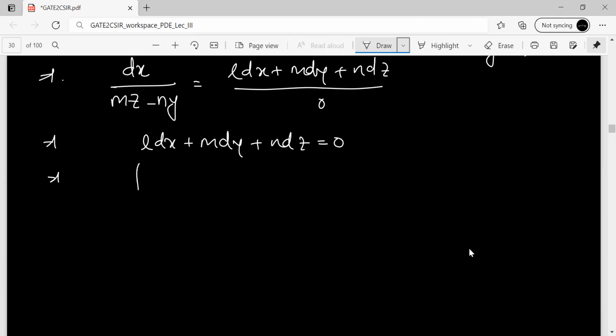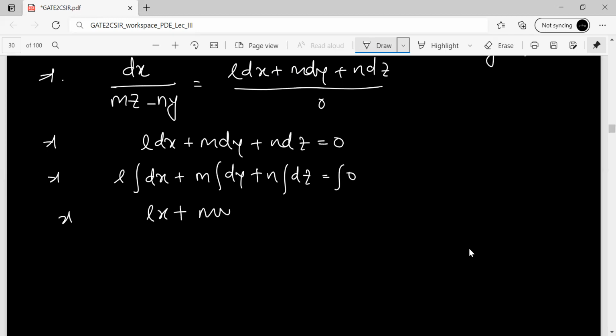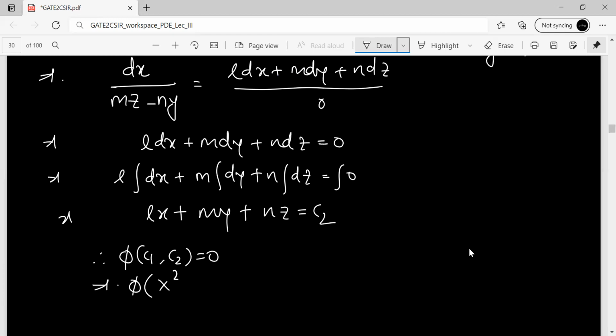Now simply integrate: l times integration of dx plus m times integration of dy plus n times integration of dz equals integration of 0. This gives me lx plus my plus nz equal to c2. Therefore, phi of c1 comma c2 equal to 0. This implies phi of x square plus y square plus z square comma lx plus my plus nz equal to 0. It's the required solution.